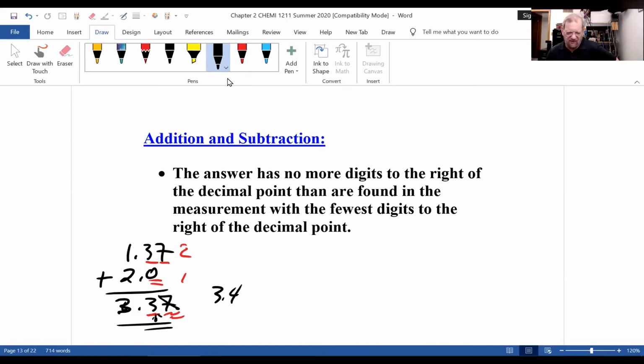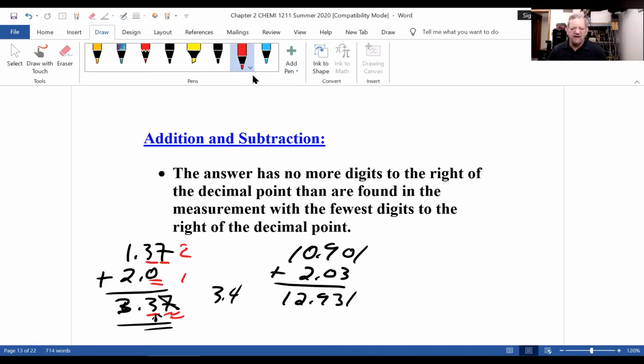Let me show you another one. I add this. This is what your calculator gives, and this is not the correct answer. You look at how many numbers are past the decimal, because all numbers past the decimal are significant.